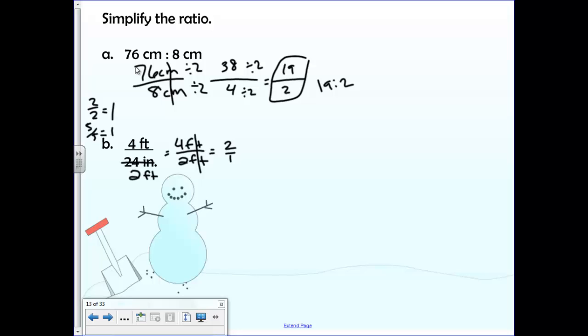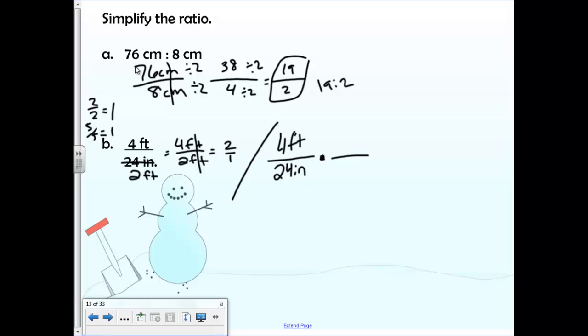So if that comes out perfectly as 2 feet, change it. Sure, why not? However, let me show you a trick, and this will work every single time. Off to the side, we're going to do this one other way. You have 4 feet, and you have 24 inches, because sometimes we get stuck. 4 feet over 24 inches, I need to multiply by something to get it in the same units.